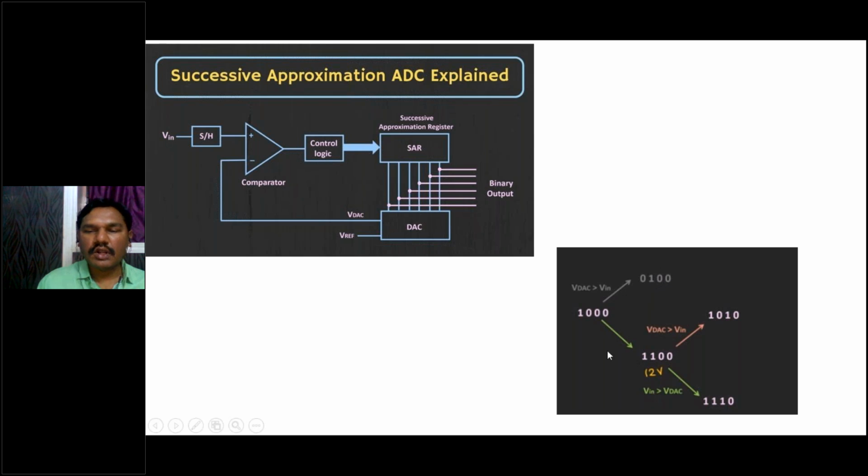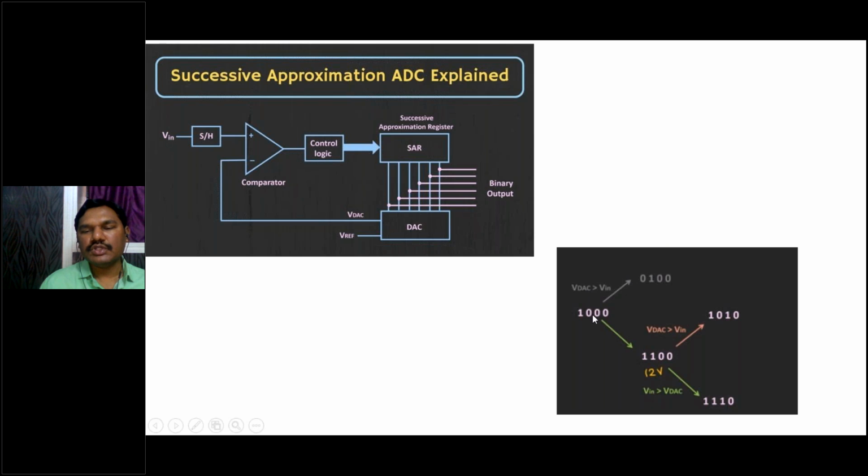To understand this logic or algorithm, how it is converting: here we have one DAC, meaning digital to analog, and this analog signal is also applied to the comparator. This VDAC is compared with the analog input signal, and if VDAC is greater than VIN, then the first bit will be reset to 0 and the next bit will be set to 1.